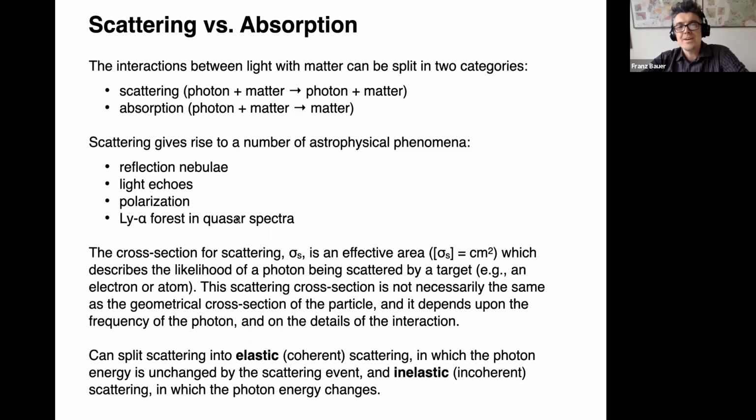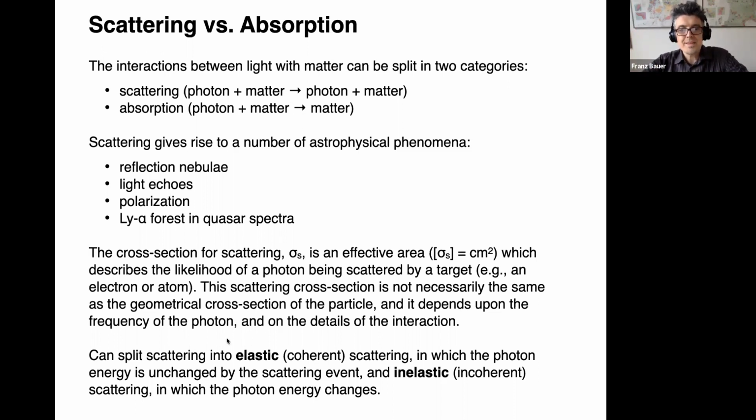But in fact, there's resonant scattering around the line resonance, which we need to factor in. And so the cross-section for scattering has some effective area, and this is going to describe how the photon sees the target. And then we also have some cross-section for absorption. And so we might have competing probabilities of the photon being absorbed or being scattered.